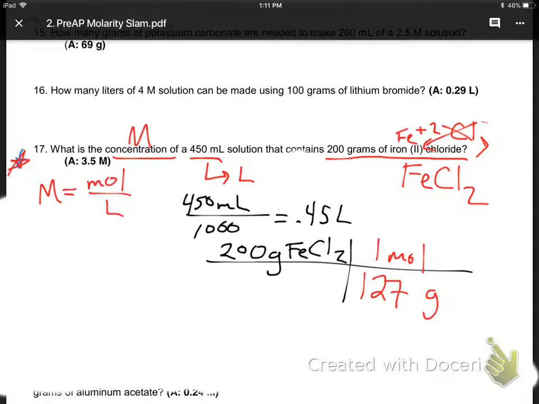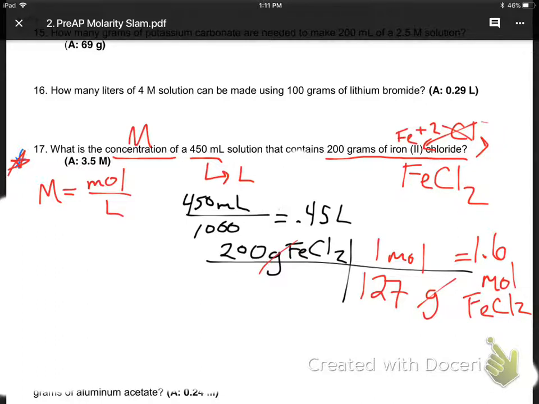So that's 200 divided by 127. And I get about 1.574. Let's just round it up to 1.6. Oh, and that's not moles or grams, it's moles of FeCl2.